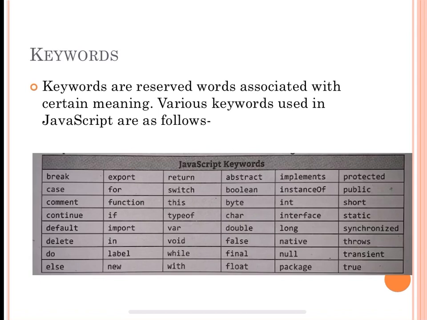The table below shows different keywords in JavaScript, like break, export, return, abstract, implements, protected. So these are all keywords in JavaScript. You cannot use them for variable declaration as the name of a variable or the name of a method or class. Okay.